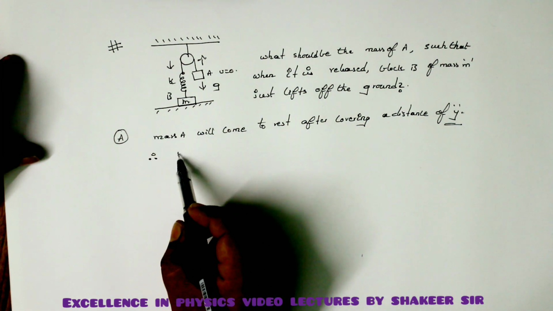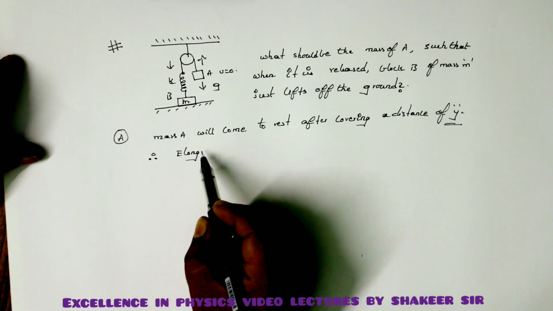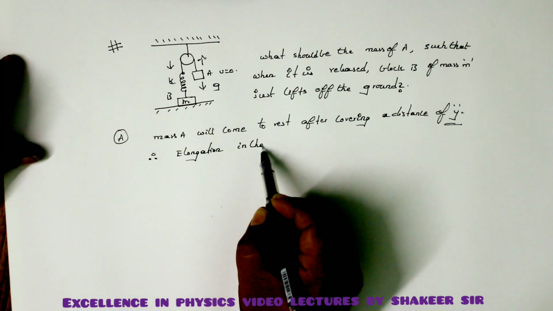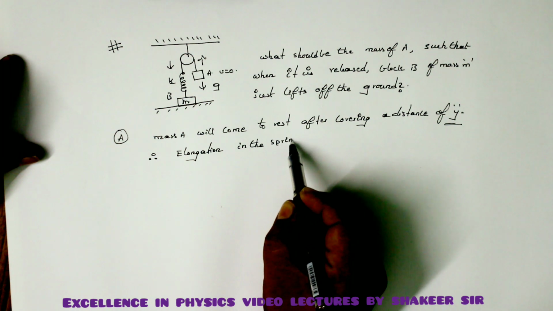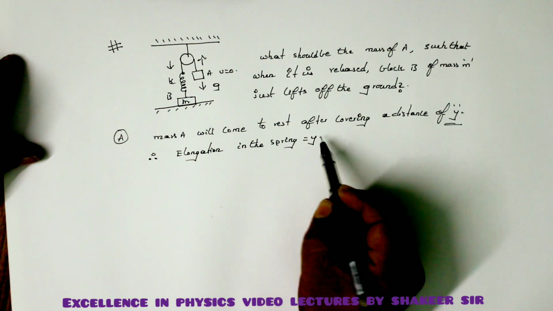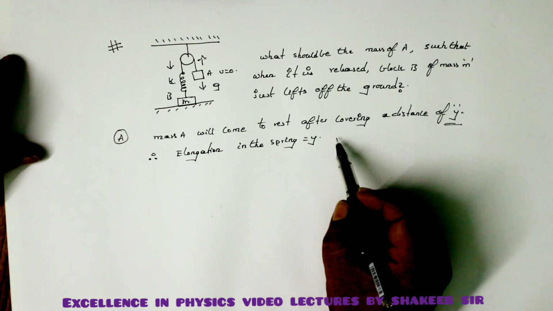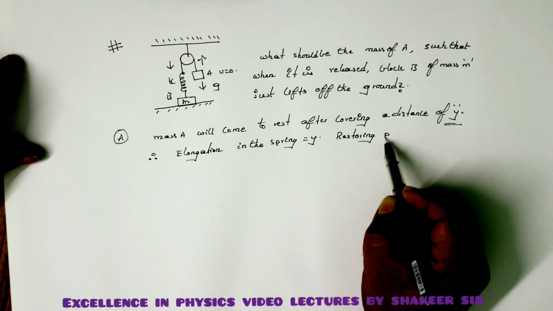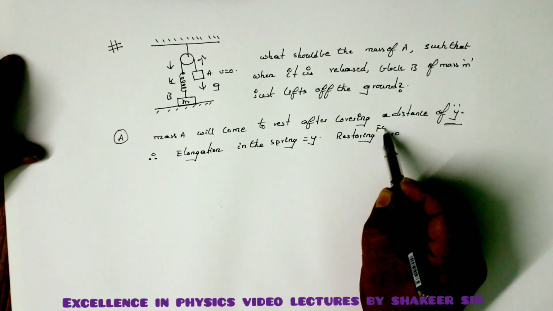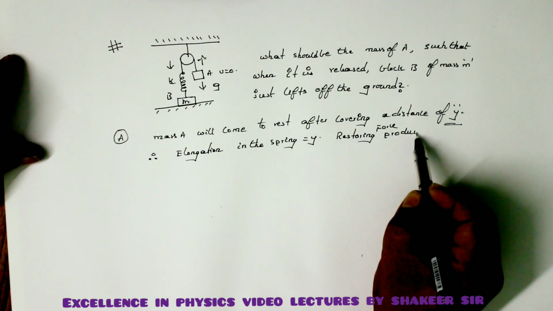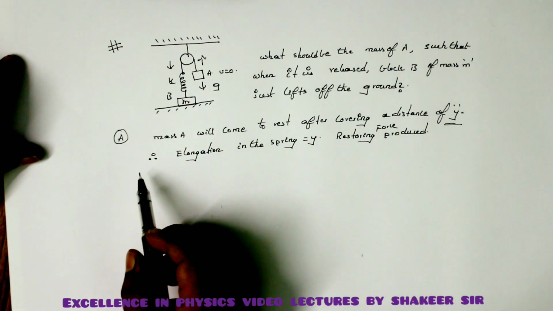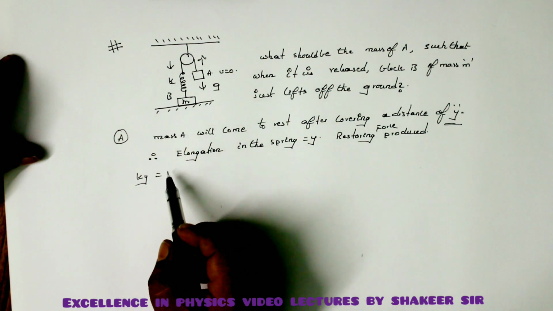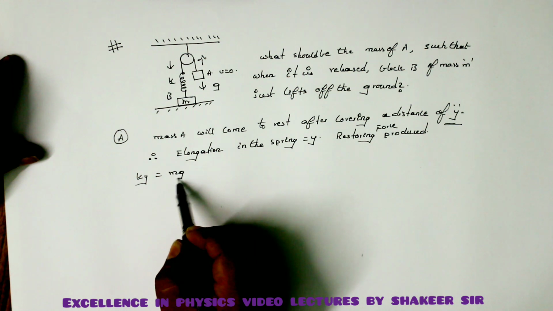Therefore the elongation in the spring should be equal to y. So for this elongation, the restoring force produced should be equal to ky, and this ky should be able to lift this mass, mg.